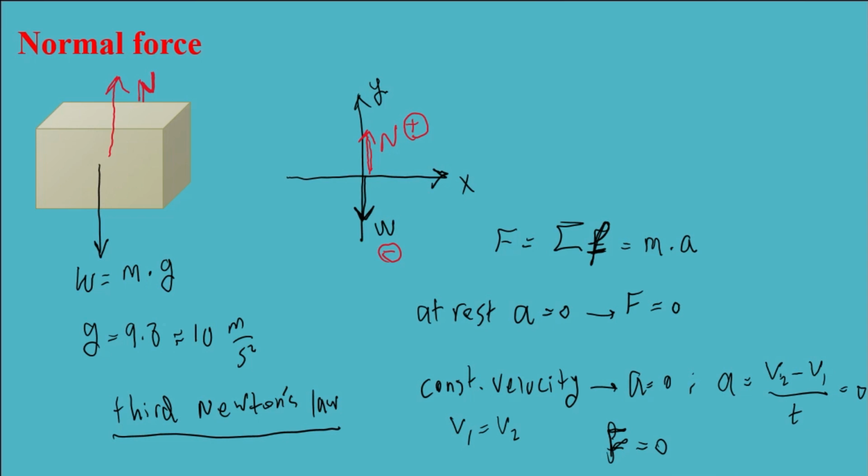Now let me find the normal force if the object is at rest or at constant velocity. I have the normal force, which is positive, and I have the weight of the object, which is negative, and since my object is at rest or moving with a constant velocity, the net force is 0. So my N must be equal to W, so N is equal to m times g, correct?